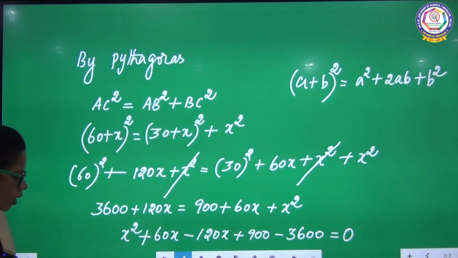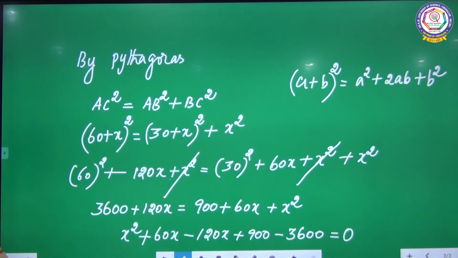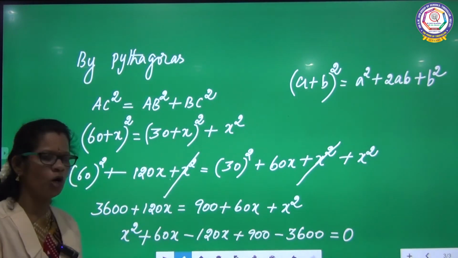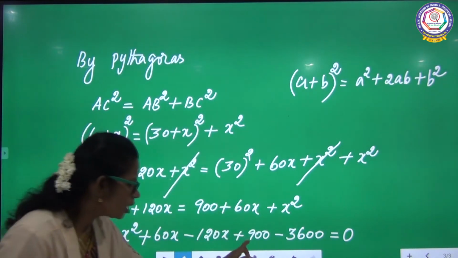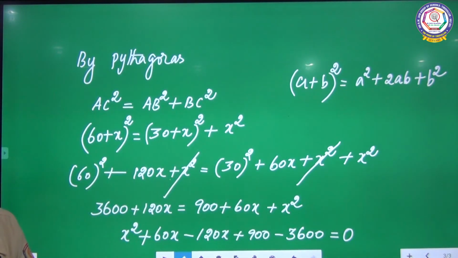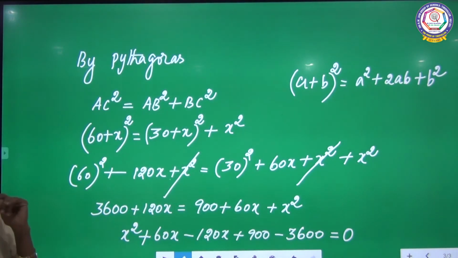Now you see x square plus 60x minus 120x minus 60. Positive, negative, do the subtraction and put the greater number's symbol. You have to be very careful while doing the calculation.